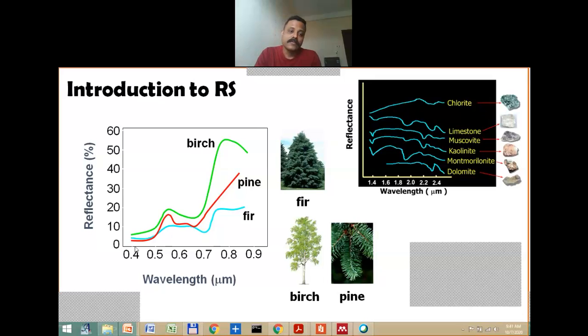When you go a little farther, increasing the wavelength slightly, you will notice the percentage of reflectance slightly increasing. That means towards the greener spectrum, you see a higher amount of reflectance.